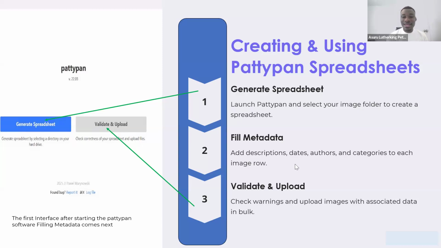You fill the metadata, there's a part in PattyPan where you have to fill metadata. You add descriptions, the dates, the authors, the categories to each of the image rows, and then you validate and upload the Excel sheets that you've created. And I'll show you how we do this in the coming minutes.